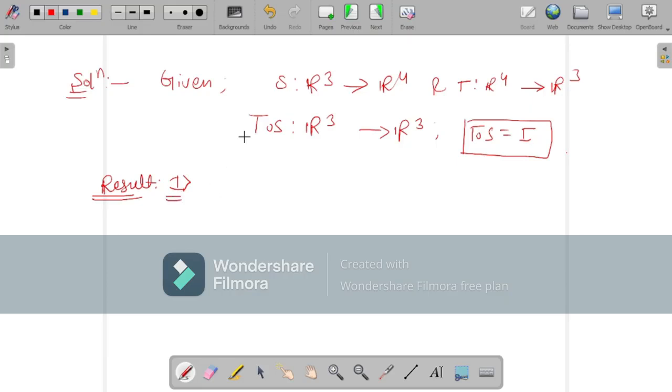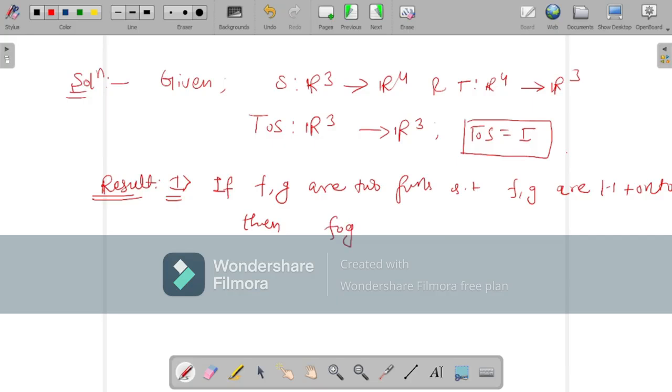The first result is, if f and g are two functions such that both f and g are 1-1 plus onto, then their composition f composition g or g composition f is also 1-1 and onto. That means if f and g are bijective, then their composition is also a bijective map.